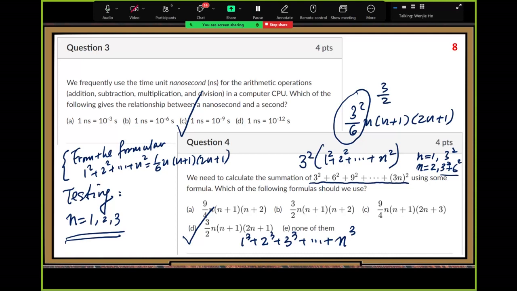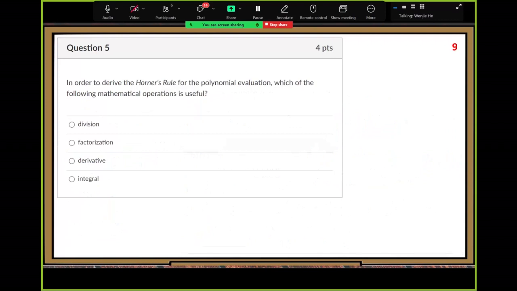All right. Number 5. Horner's rule. I use this question to check if you are familiar with our notes. In our notes, we went through the details of Horner's rule, and especially we talk about the factorization property a lot.